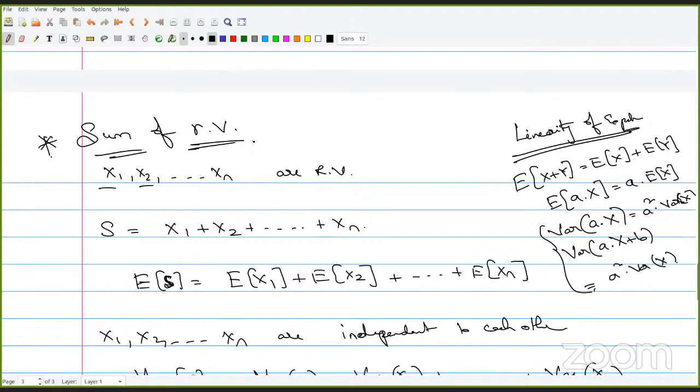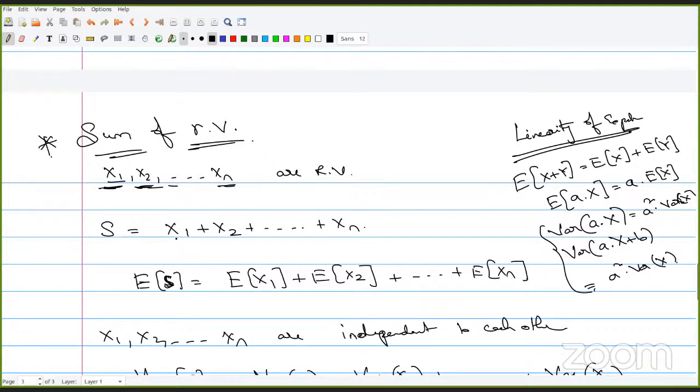We are just looking at the sum of a few random variables. These X1, X2, Xn are some random variables, and they need not be IIDs of the same X. One may follow Bernoulli, another binomial, another Poisson, and another geometric. We never said that these should be identically distributed.